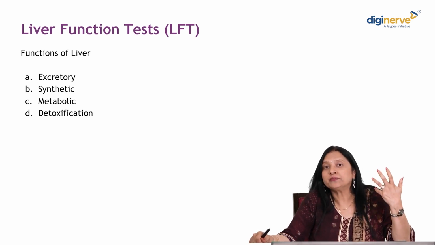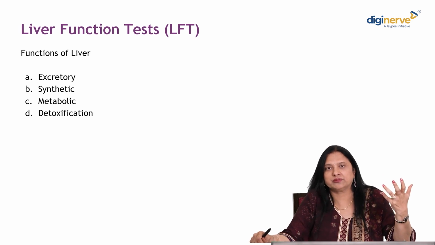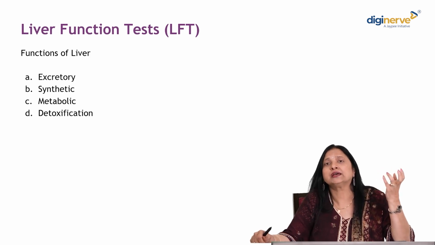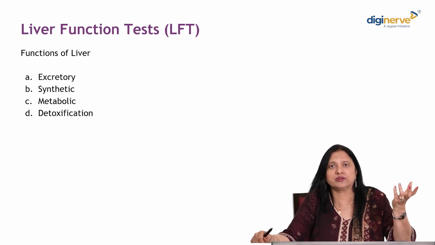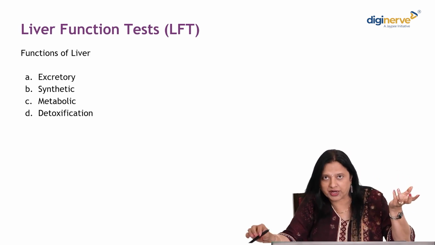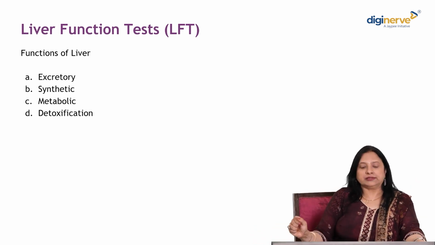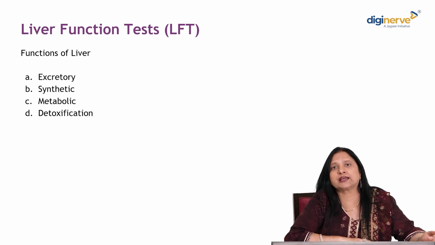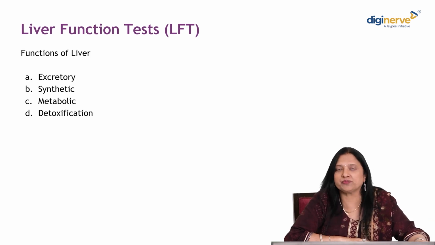Then coming on to protein metabolism, again, the proteins not only get synthesized, they get degraded, and amino acids get converted into ammonia, and then ammonia comes into the liver and forms urea. Then detoxification: of course, the liver is important for detoxification of various exogenous compounds like drugs and dyes, and endogenous compounds like ammonia and bilirubin.